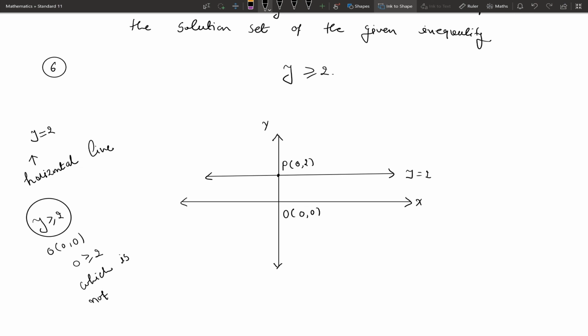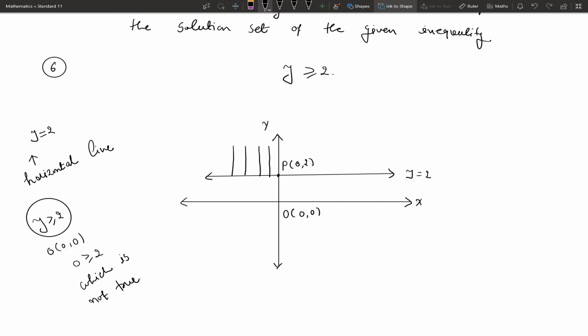That is, the origin does not satisfy the given inequality, so the solution portion does not contain the origin.